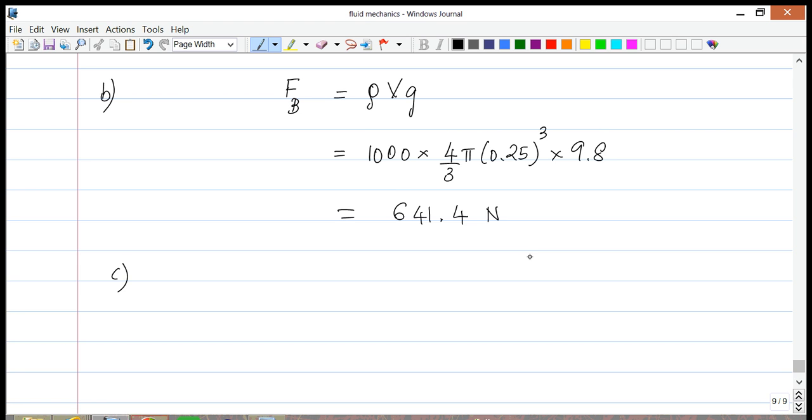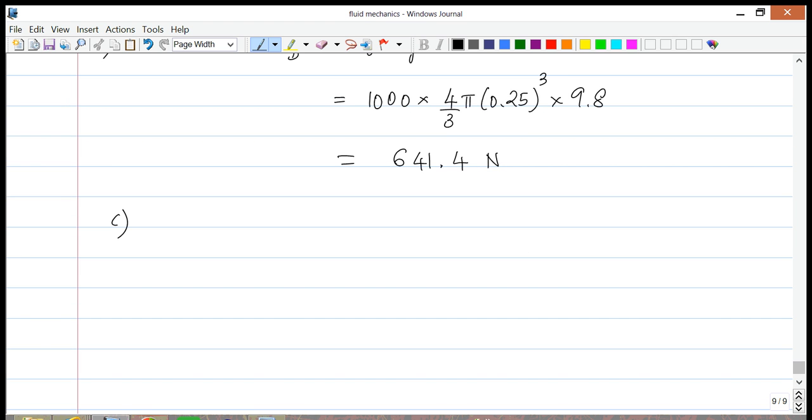Great. So now we have the first two parts. And once you have the first two parts, the apparent weight is very easy to calculate. If you look at the situation, you have the sphere. The weight of the sphere itself is pulling it down. Then you have the buoyant force FB pulling it up, and the result of these two is the apparent weight.